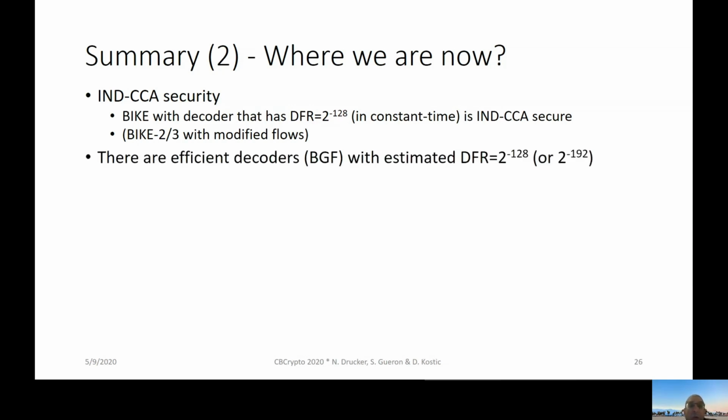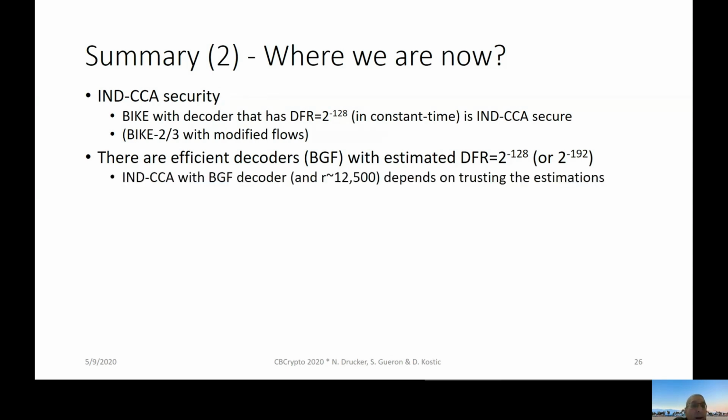There are efficient decoders, BGF, Black-Gray Flip, with this estimated DFR for level 1 and for level 3. And to get this, the recommended block size is around 12,500 bits. But this, of course, depends on trusting the estimations.